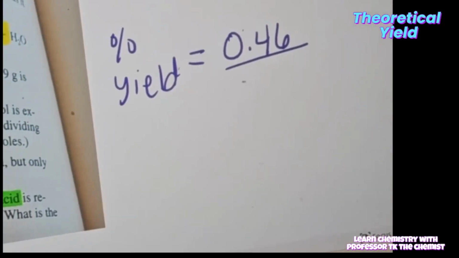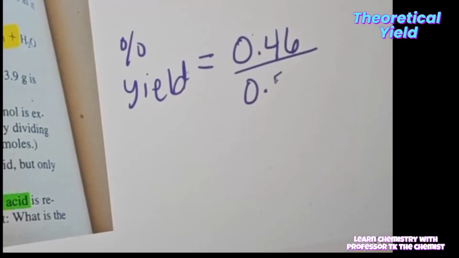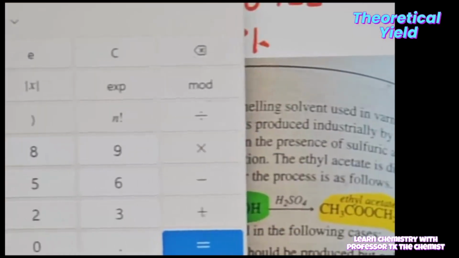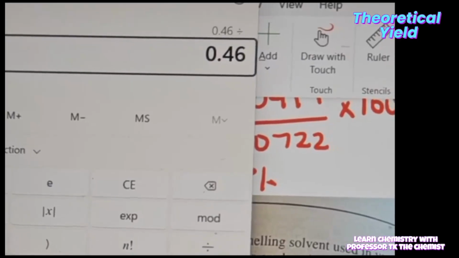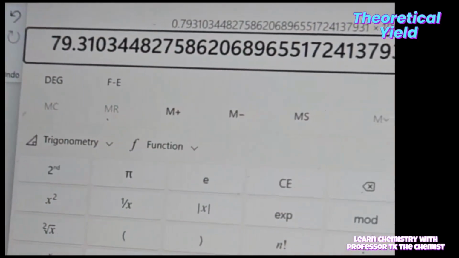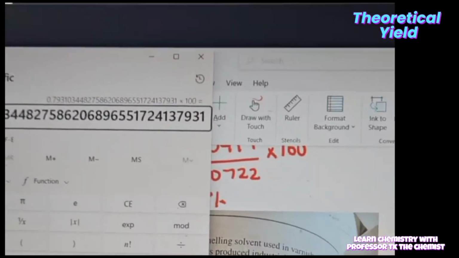The limiting reactant goes on the bottom, meaning the smallest number, and multiply that times 100. Yup, that's right. So I'm going to plug it in. 0.46 divided by 0.58 times 100, and you get 79.3, or basically 79 as your answer.